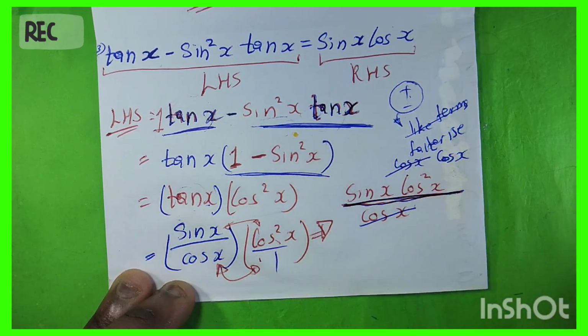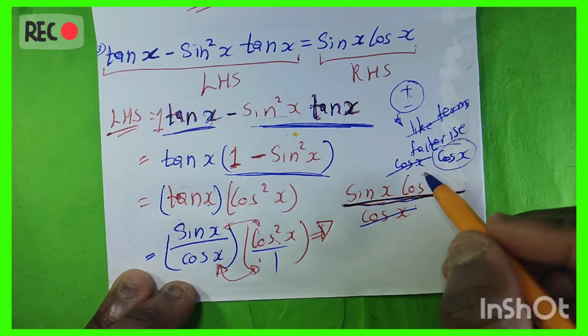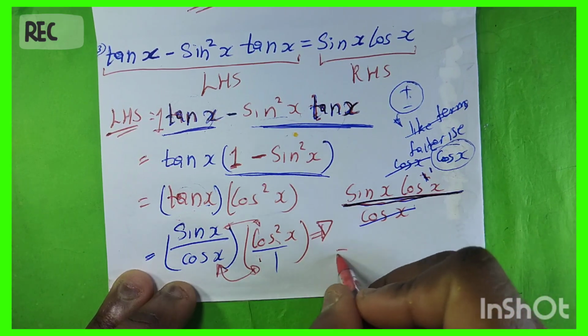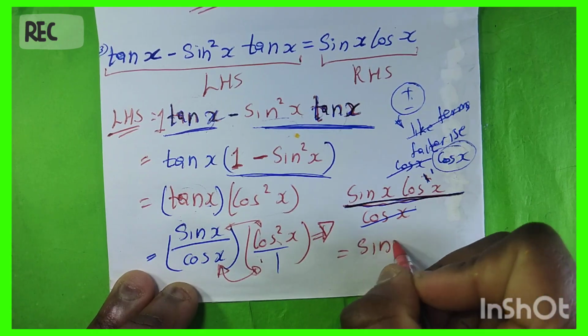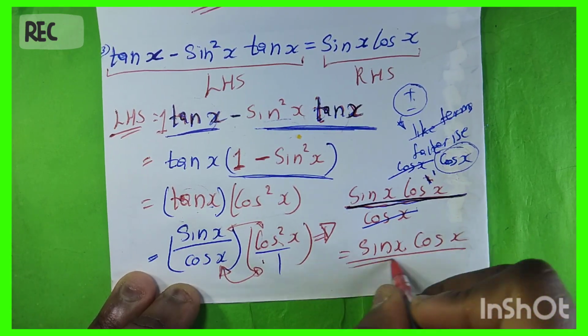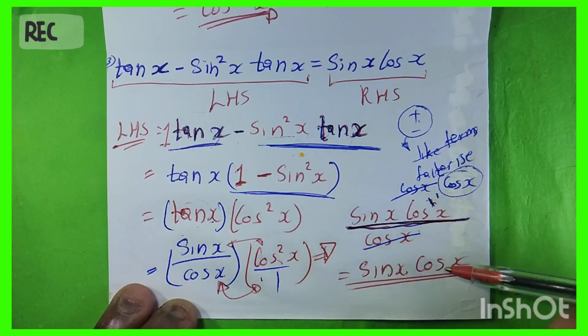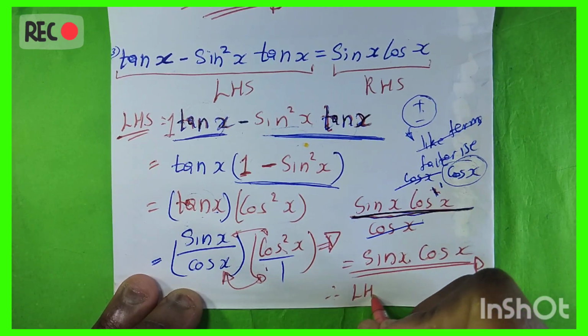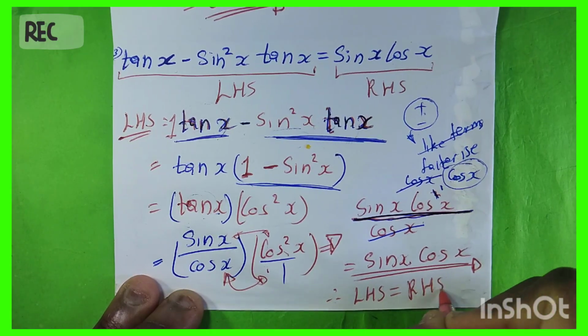This will cancel with that cos, meaning that I will only be left with 1 cos there. So as the final answer, I'm left with sine x and that 1 cos x, which is the same as what we are proving. So therefore, left hand side equals the right hand side.